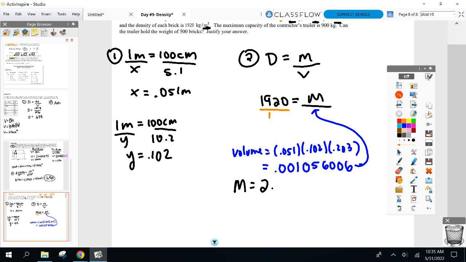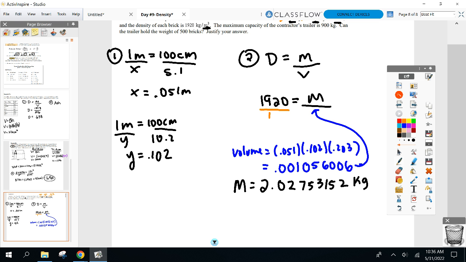So one brick, 2.02753152. And now here's a big question for you. What type of units is this in? Look at the density, it'll tell you. We just used the 1920. What type of units was it in? Mass units. Kilograms. So this will be in kilograms. Whatever the density was in, that's what your masses will be in.